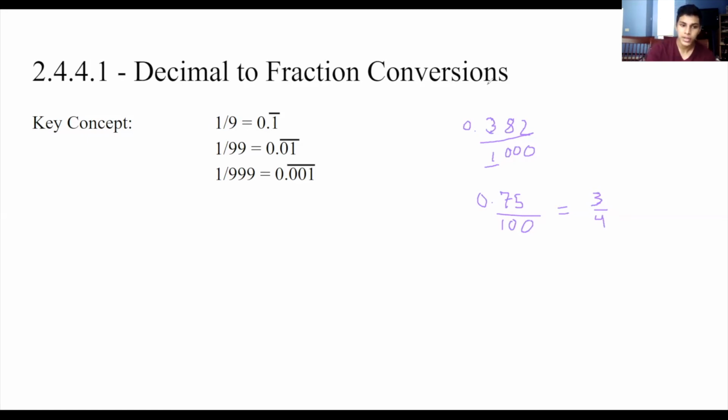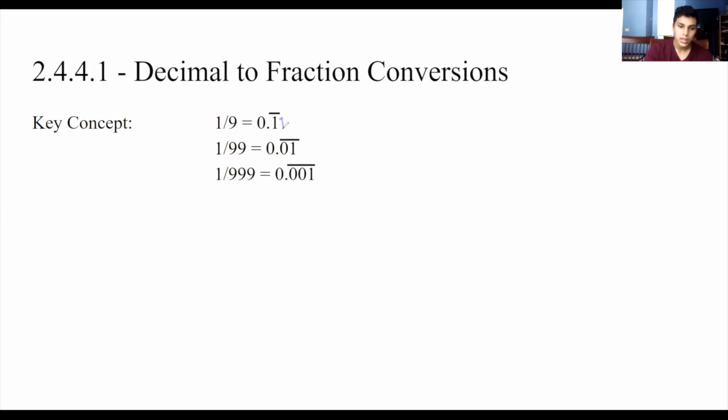Okay, so now converting fractions into repeating decimals is a little bit harder, because the same concept, while it still applies, you can't actually use it. And the reason why is because if you think about what a repeating decimal means, here I have 0.11111 whatever, right?